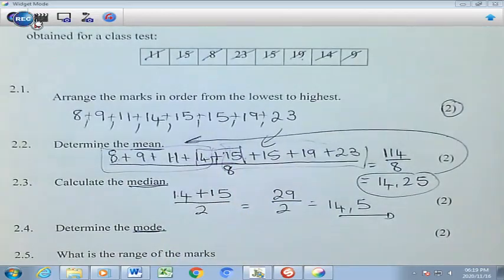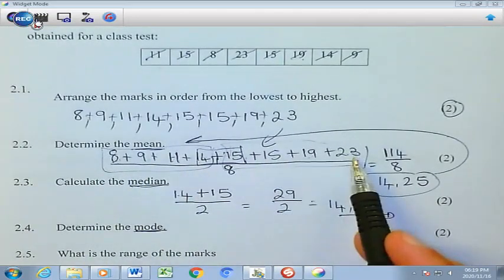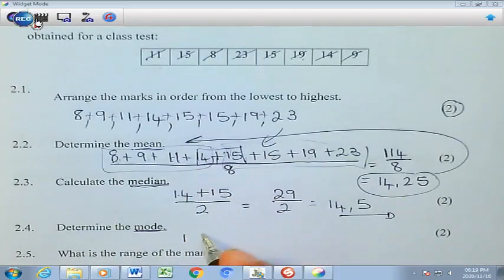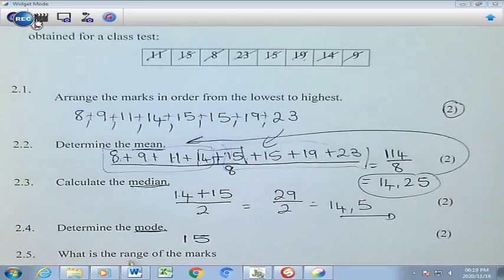Then the mode. The mode is the number that appears most in the data set. So if you look at the data set, you're going to find 15 is the mode, because 15 appears twice in the data set. And then 2.5, what is the range of the marks?